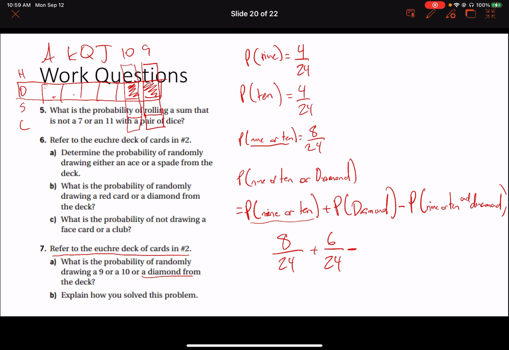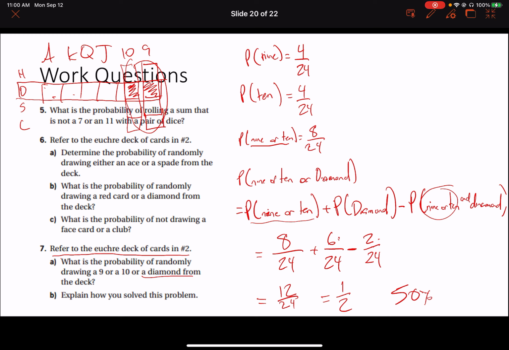Subtract the probability it's 9 or 10 and a diamond, that's basically 2 over 24. So that's equal to 8 plus 6 minus 2, 14 minus 2 is 12 over 24, which is equal to half, 50%.